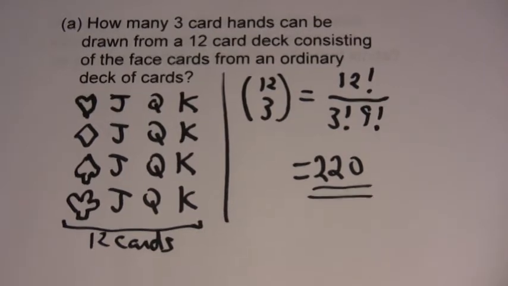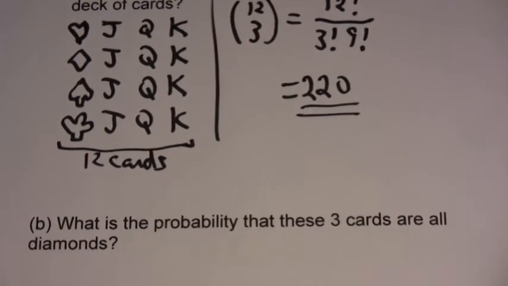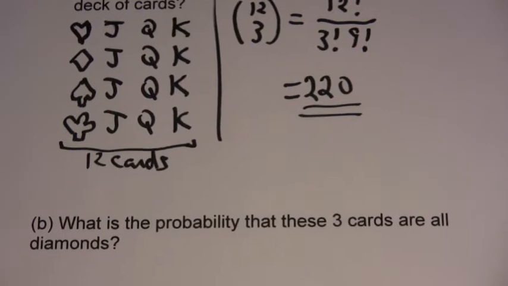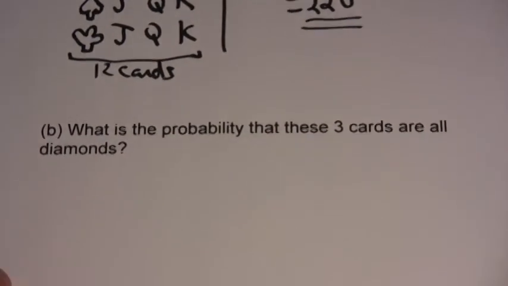Now the B part of that question is, what is the probability that these 3 cards are all diamonds? Well, again, that takes us back to the basic probability principle.